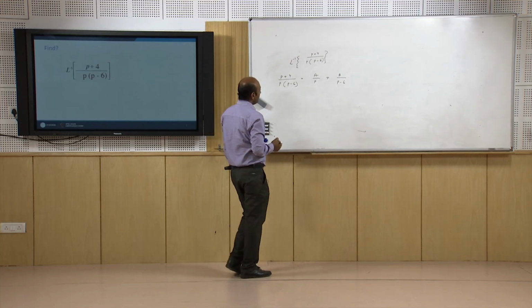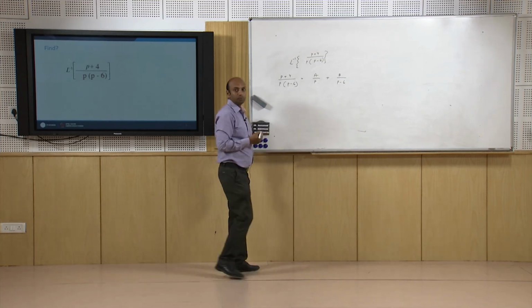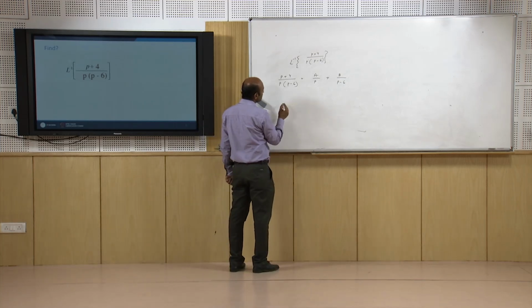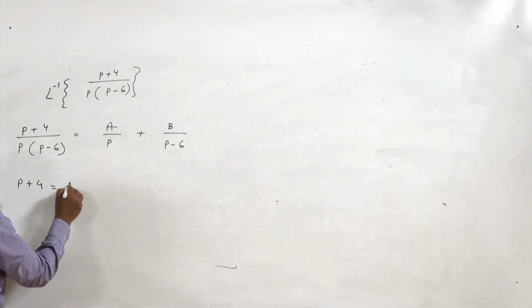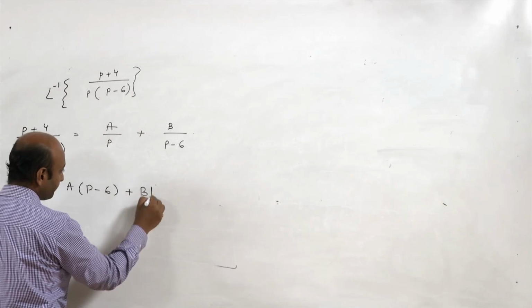So what will be A and B? You can compare coefficients from both sides. So when you compare the coefficients, p plus 4 will be equal to A times (p minus 6) plus B times p.